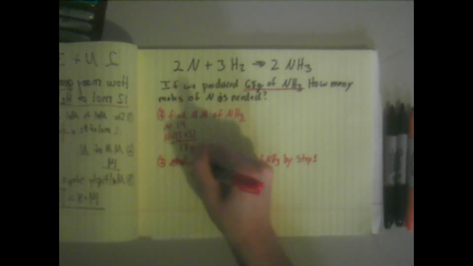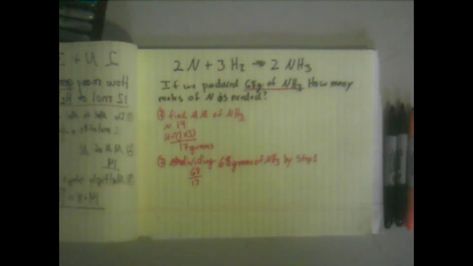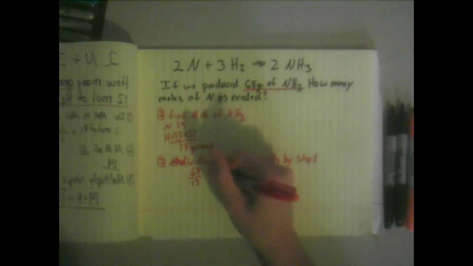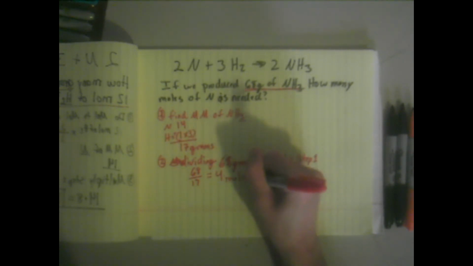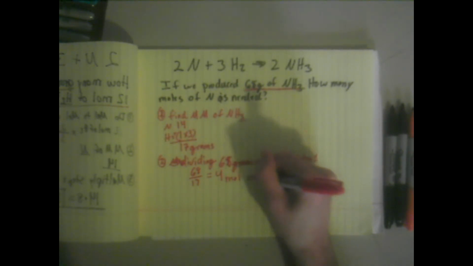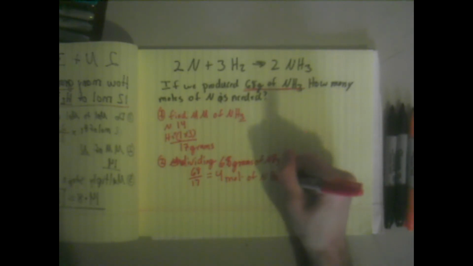It's going to be 68 divided by 17. Now, I would use a calculator if I were you. So if you do 68 divided by 17, you should get 4 as your answer. So you have 4 moles of NH3.